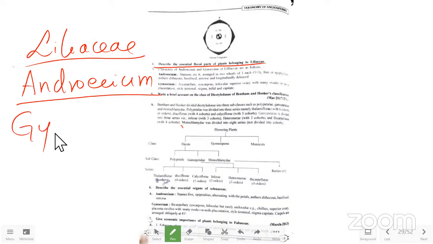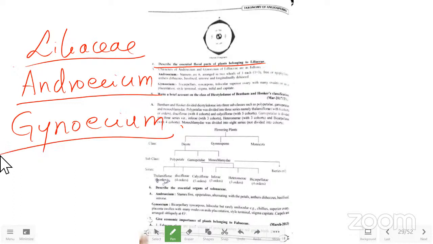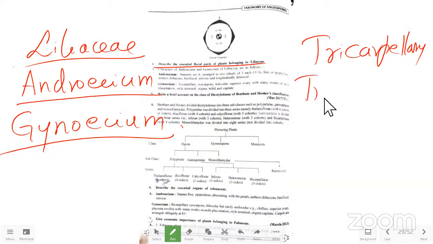Next one is the gynoecium. Gynoecium means the female reproductive part of a plant body. So here, what we have to write is, the gynoecium is tricarpellary, trilocular, syncarpous, superior ovary. Tricarpellary means 3 carpels are present. Trilocular means 3 locules are present.